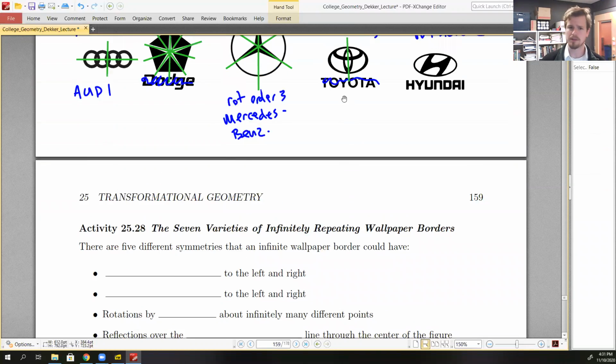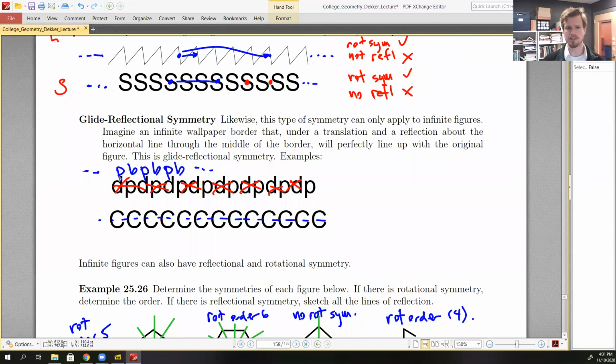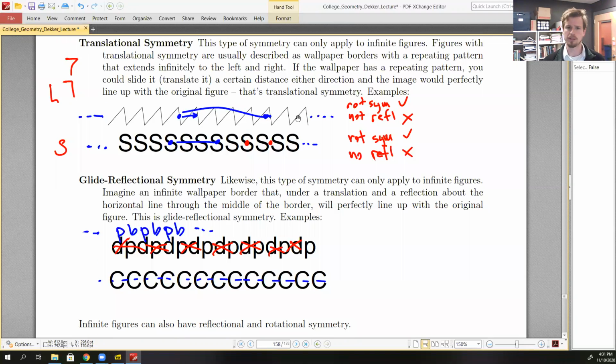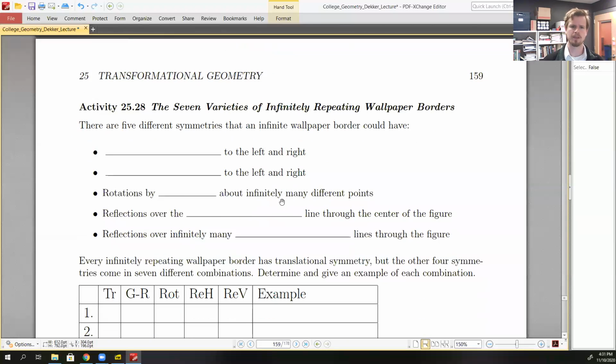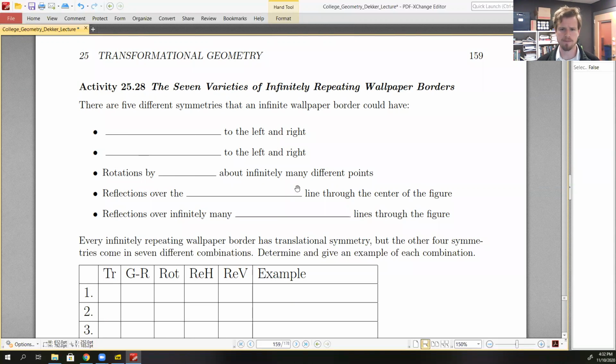When we're talking about infinite wallpaper borders, we're talking about letters being repeated, simple designs being repeated, that sort of situation. So we have 5 different symmetries, and you may surmise what they are. I believe you're capable of filling out what these are.